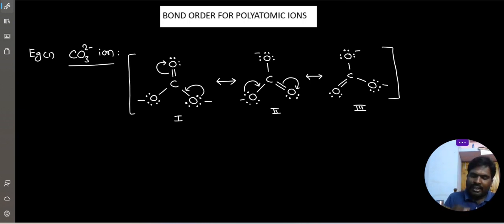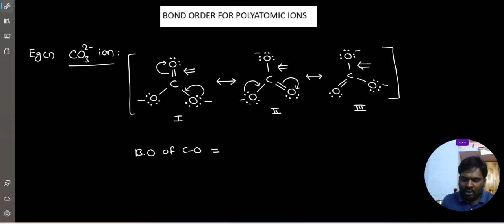Now you can take two fixed atoms, this C and O. In all resonance structures, you can take these two fixed atoms: CO, CO, CO. Now, what is the formula for bond order of CO?